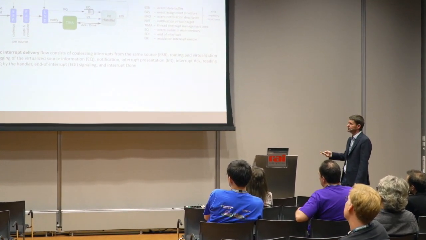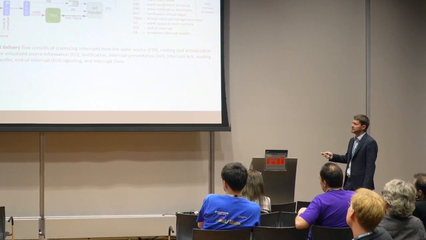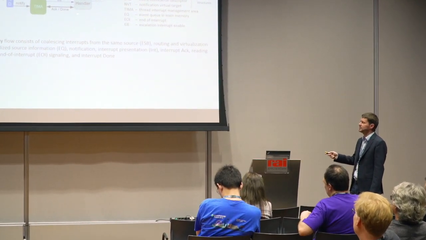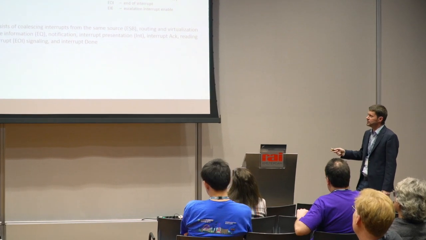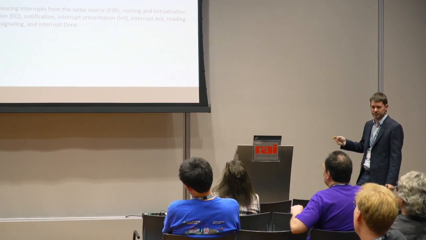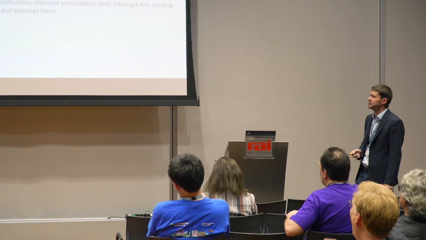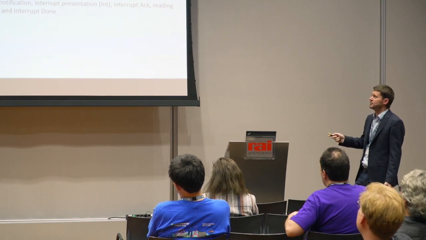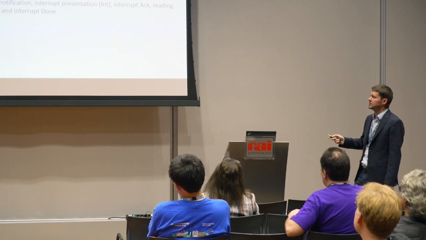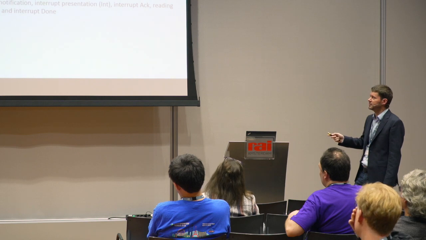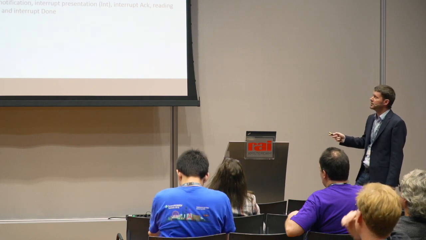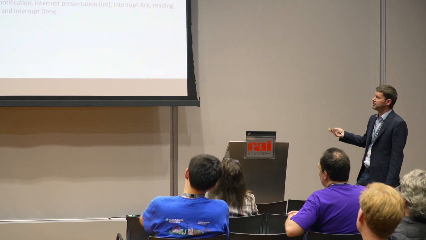So we write the virtualized interrupt source information from the EAS onto the event queue. We do a notification and try to find the virtual processor running in a teamer somewhere. When we find the potential target, we raise the interrupt wire to the core, and that involves the interrupt handler.